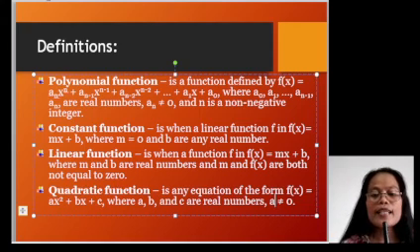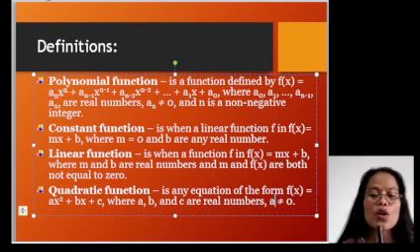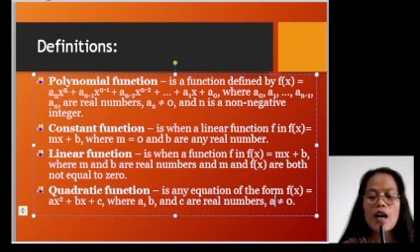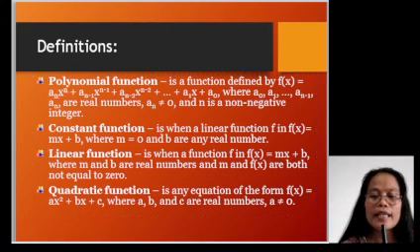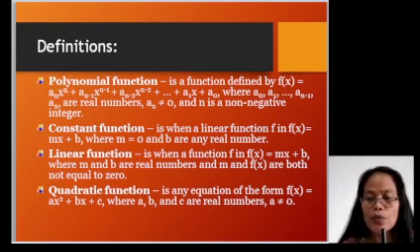For a linear function, the highest exponent of the variable x is 1, while for a quadratic function, the highest exponent of the variable x is 2. So you have to take note of that. Again, in a linear function the highest exponent of the variable x is 1, while in a quadratic function the highest exponent of the variable x is 2.